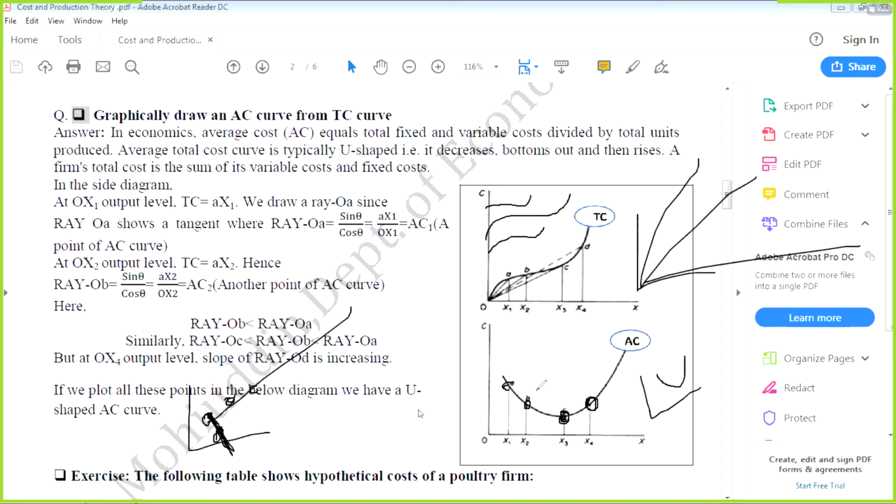Different means someone's will be like this way, someone's will be a little bit flatter, but U shape. Our main point is what does the average cost curve look like? Is it U shape or any other shape? Is it increasing, or increasing and decreasing, both parts? Clear or not?